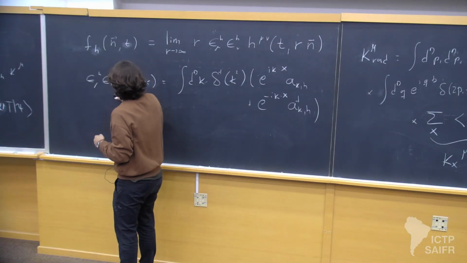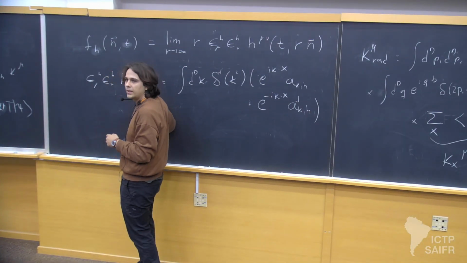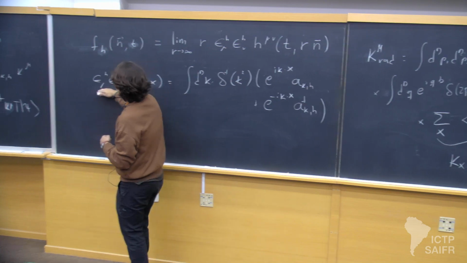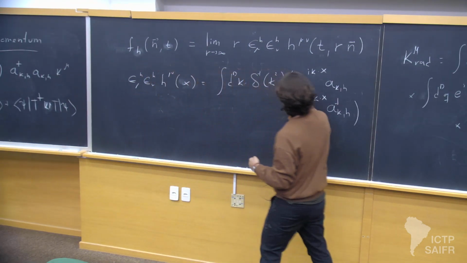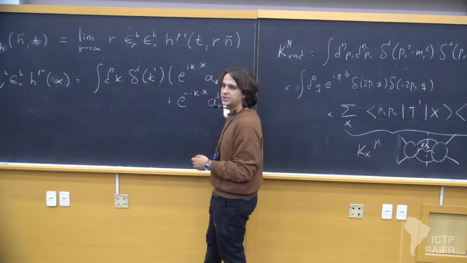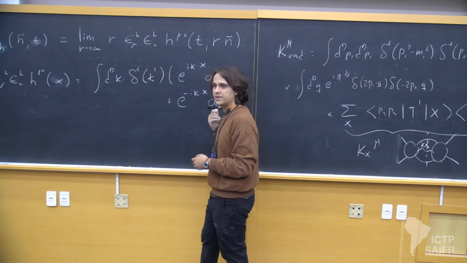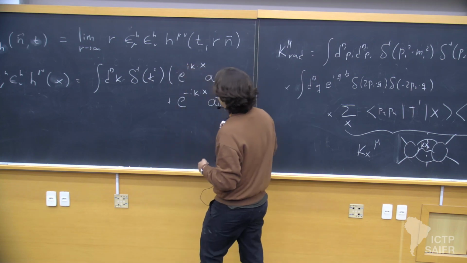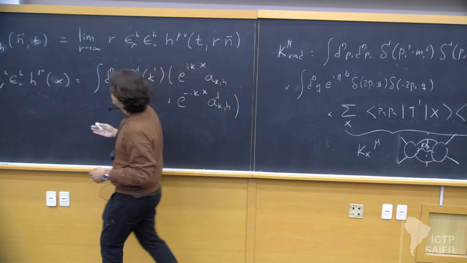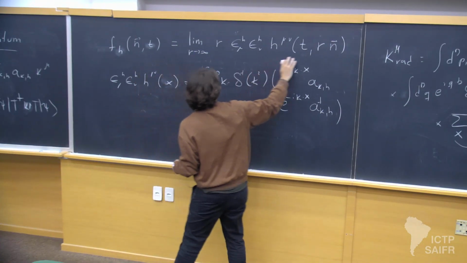So of course, this is not really gauge invariant, because if I didn't contract with these polarizations, there would be polarizations on the right-hand side here, which depend on the gauge. I could do a gauge transformation that shifts those polarizations, right? But then there's something nice that happens when I take this limit.